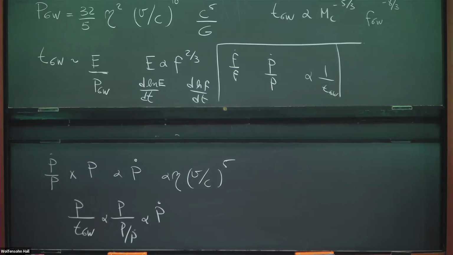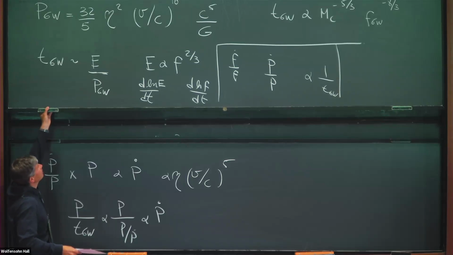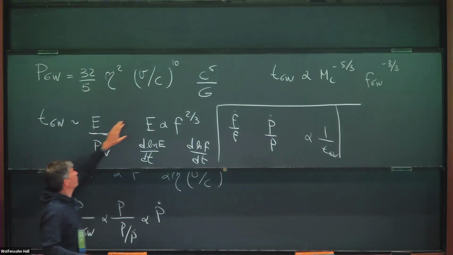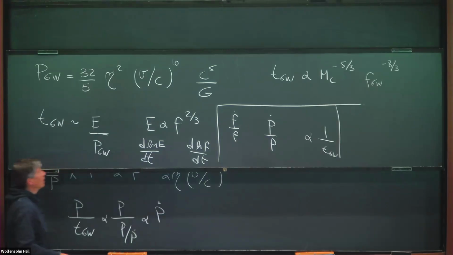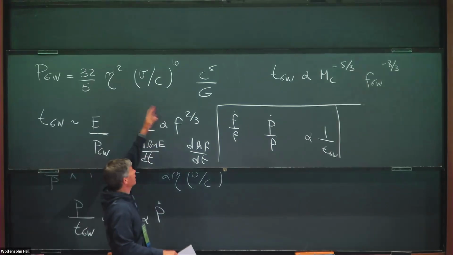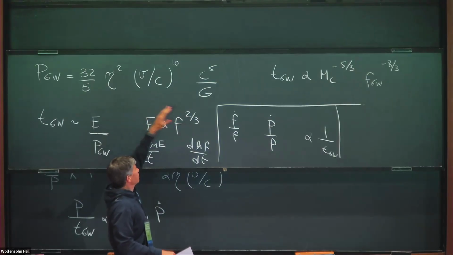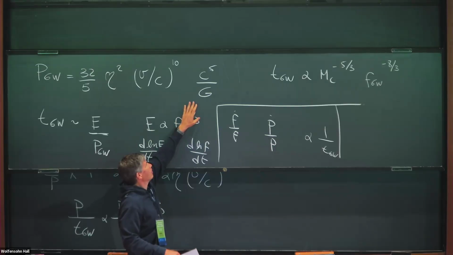So when we were saying, oh, the luminosity here is a huge luminosity, at the end of the day, because of this v over c to the power 10, in a realistic system, it's going to be significantly smaller than this, except when you go very close to the merger. But even then, you will plug 1/2 here, and still to the power 10 it would be a relatively small number.